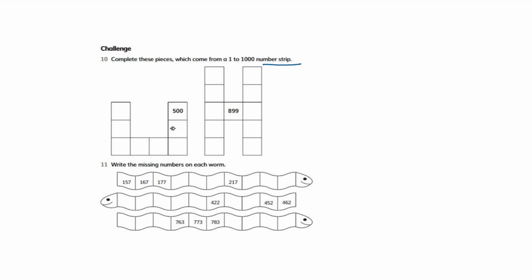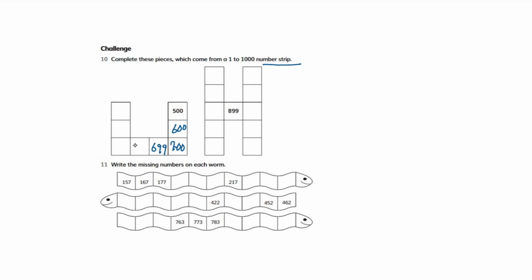Now we start with part 1. In part 1 we have 500. Under 500 there should be 600. Under 600 there should be 700. And to the left of 700 it should be 699.